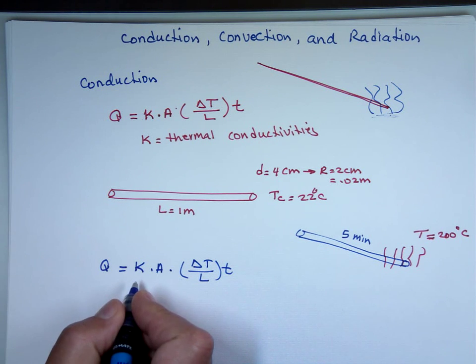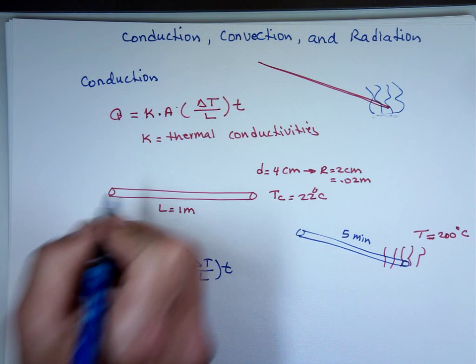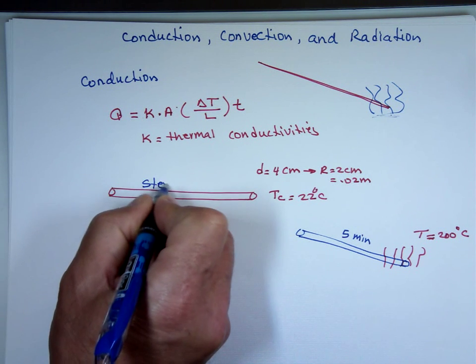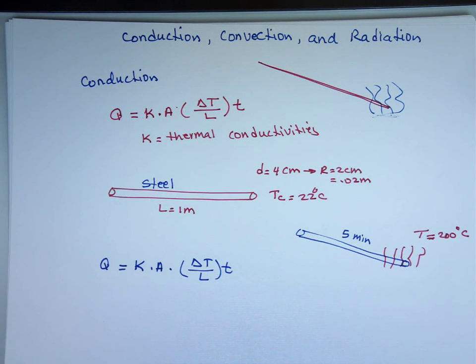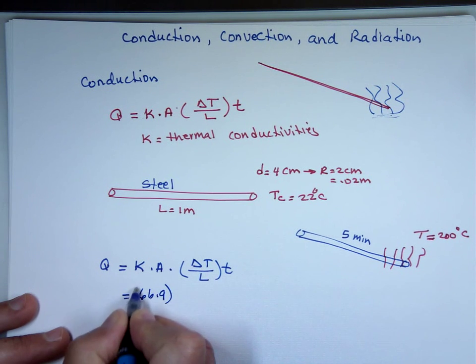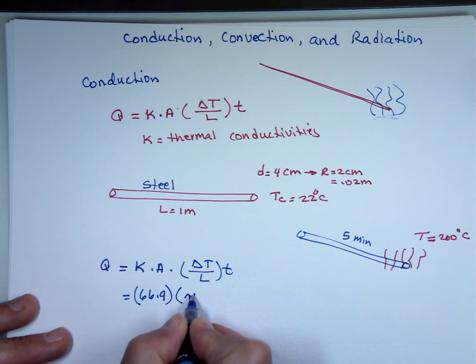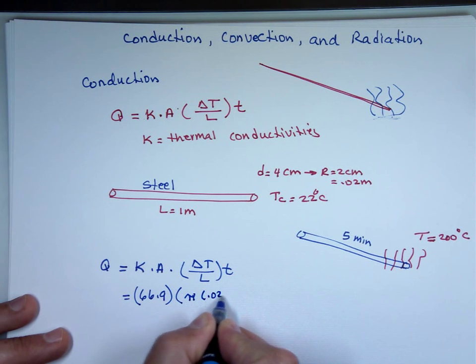K for, what are we using here? Steel, yeah. So K for steel is 66.9. Times the area, which is pi r squared, pi times 0.02 squared.